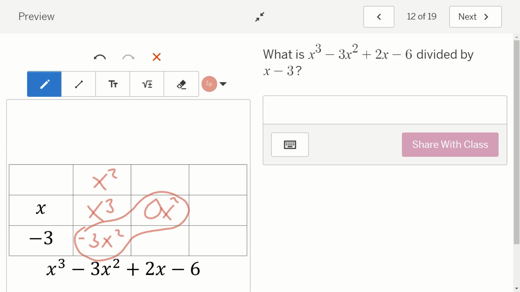All right, so carry on. X times what gives me 0x squared? Well, probably 0x. Now 0x is just a 0, but we're kind of getting at the idea of a placeholder in there. 0x times negative 3 is 0x.